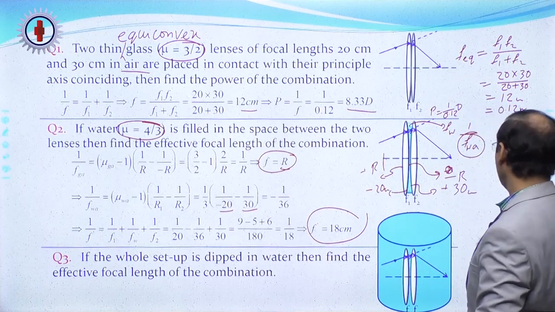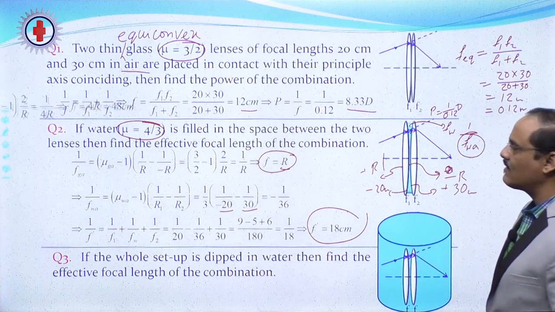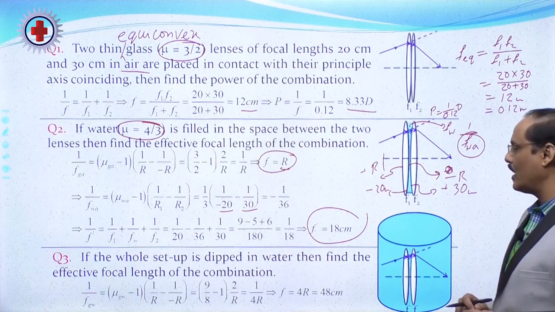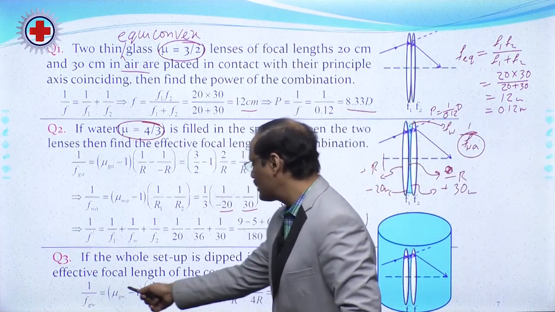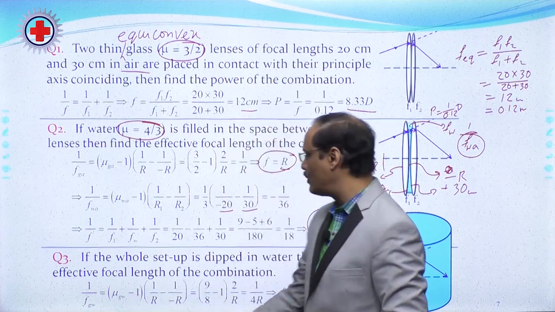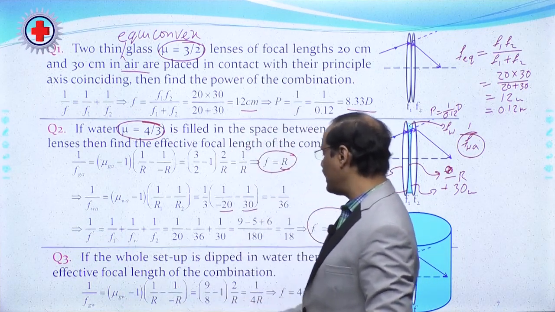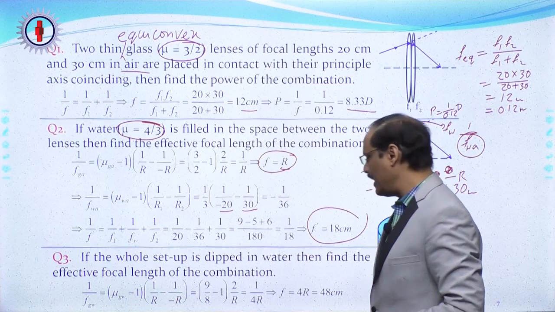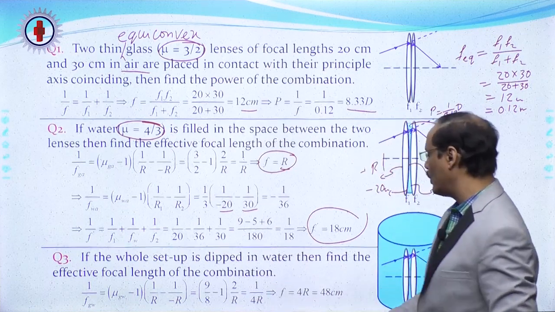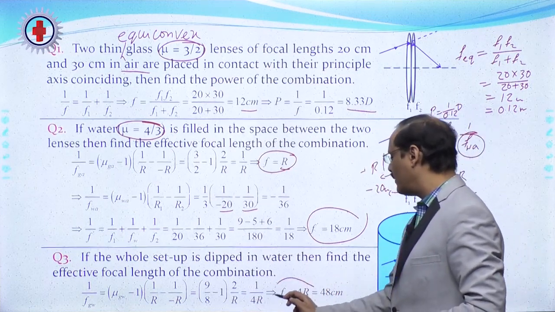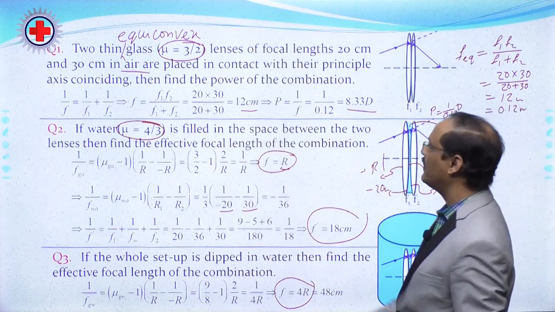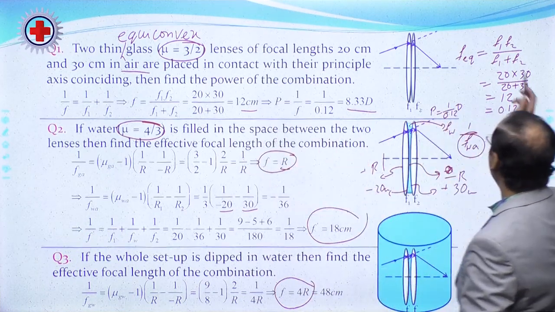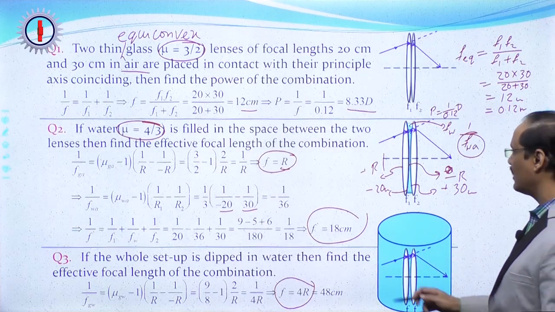For a glass lens in water, it is 4 by 3 upon 3 by 2, so that is 9 by 8 minus 1 into 2 by r, that is 1 upon 4r. So, the focal length of the glass lens in water becomes 4 times the radius of curvature, and initially it was equal to the radius of curvature.